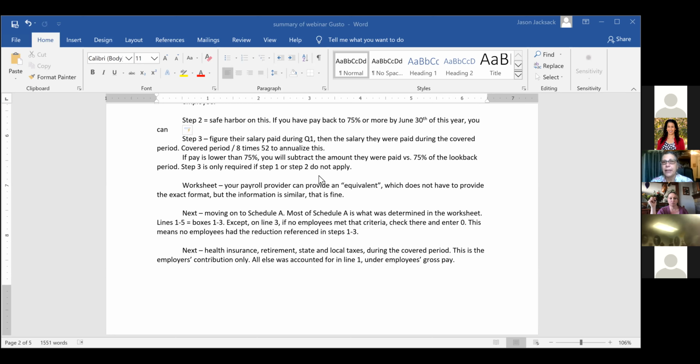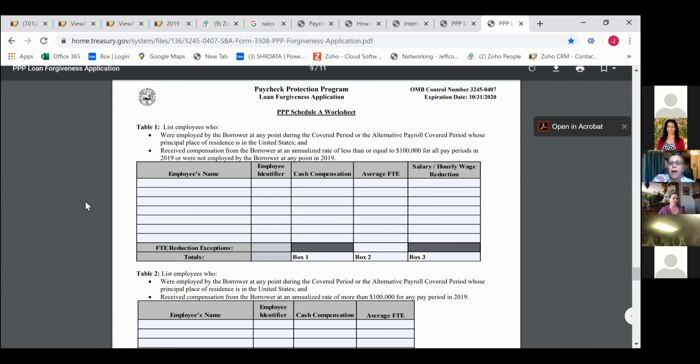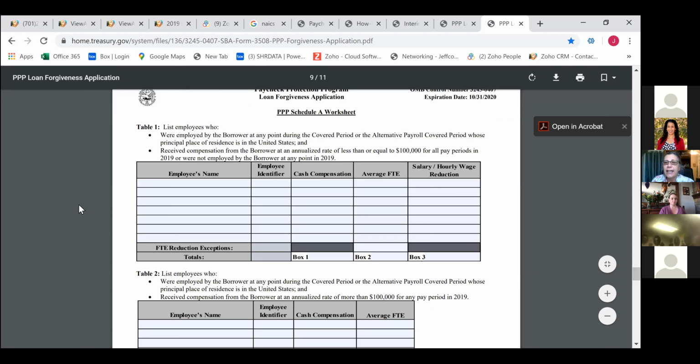Okay. All right. Jason, can I have you go to page 9 on this, please? That's the problem when one person's running it and the other one's talking. Okay, so this worksheet on page 9, this is box 3 where it says salary hourly wage reduction.